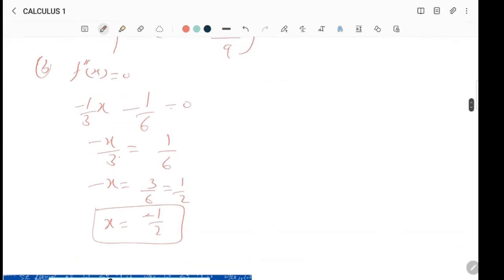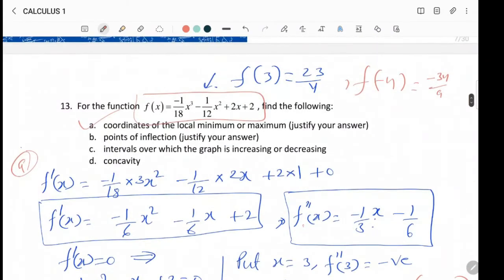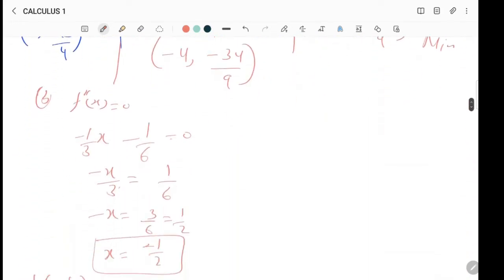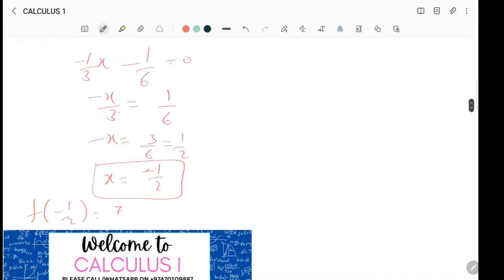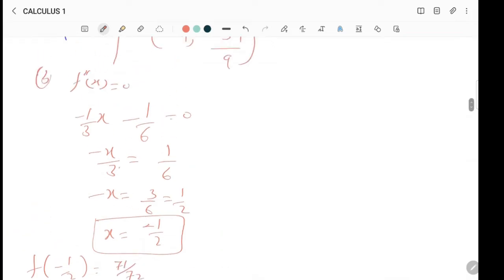So x is minus half, but we have to find f of minus half also. So put in x equals minus half and use the calculator. After using x as minus half, we got f of minus half as 71 over 72.